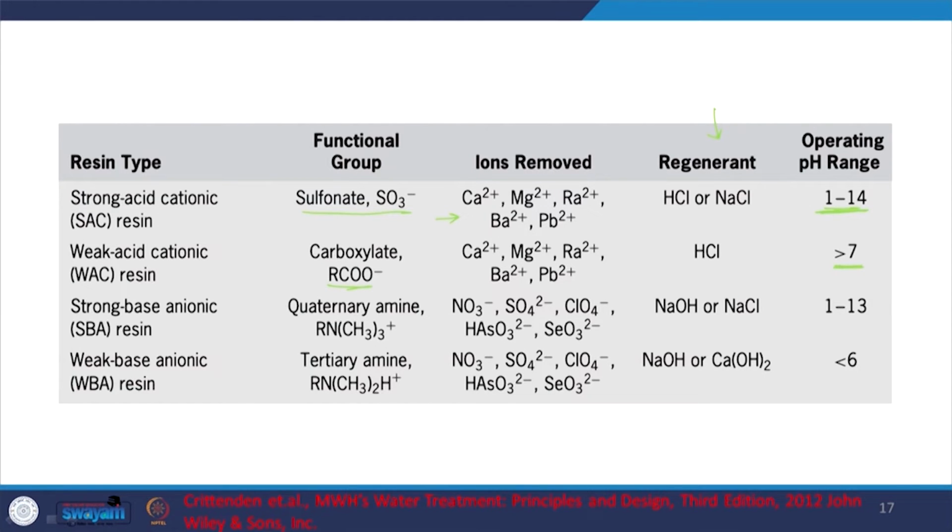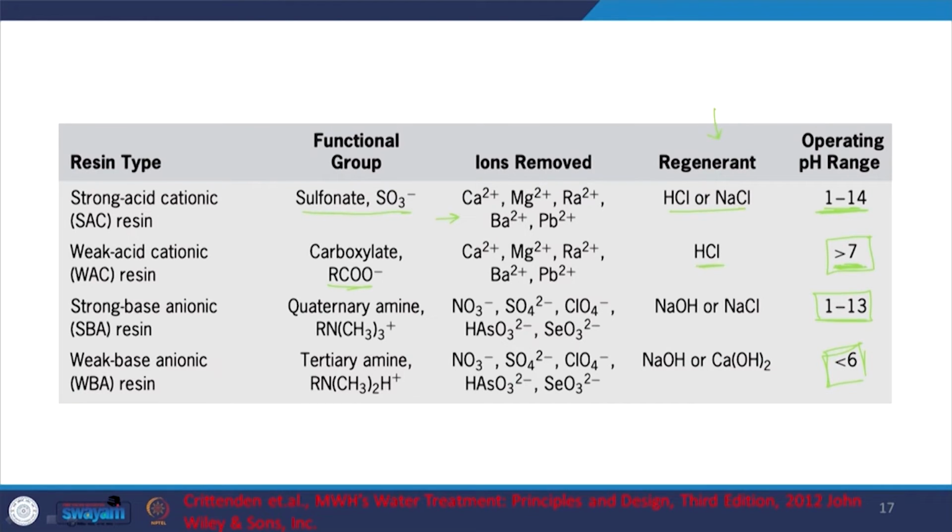So, we are looking at the relevant pKa, and then we will understand the range where it is going to be functional. Same case with strong base, a wider range. Weak base, depending on the pKa, is going to be able to exchange the relevant anions only when the pH is less than 6. So, you can see depending upon your solution pH which one is more acceptable.